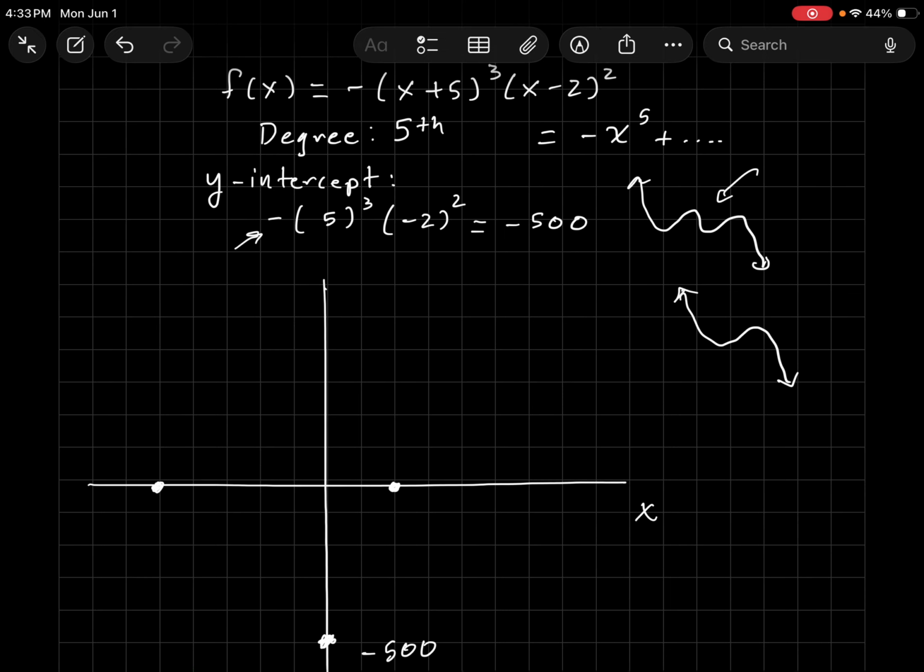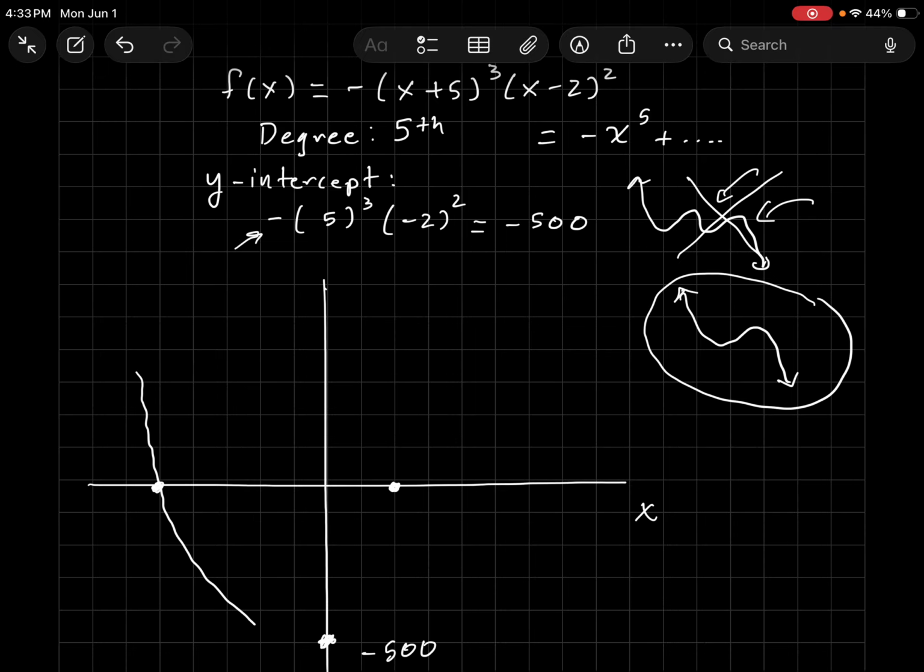And now let's use the idea of cutting through the axis or bouncing off the axis to finish off the graph, along with my parent function, which I think will look more like this. Doesn't look like I'll have so many twists and turns. Our first zero of negative 5 is cubed, so I know we'll cut through the axis. And we'll go down here. It might not be the minimum point. Maybe the graph really goes something like this and then back up through it.